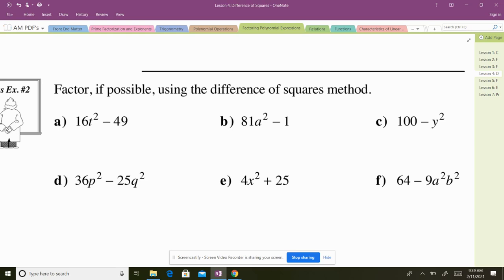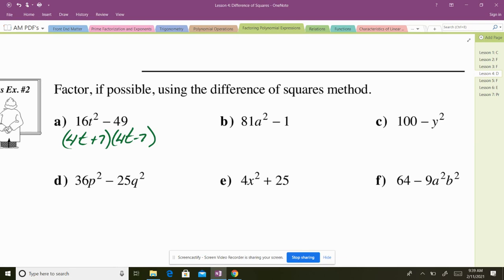What's the square root of 16? 4. What's the square root of t squared? t. What's the square root of 49? 7. So we should get 4t plus 7, 4t minus 7. It's the exact same process, except now we've just put one extra number in front of it.